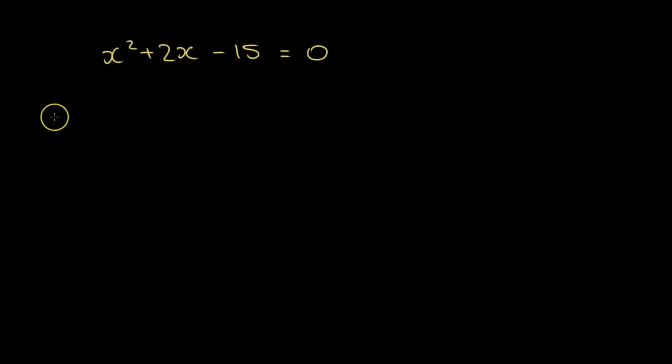We need to find two terms that multiply together to give me x squared. So what can those be? Well, x times x gives me x squared. Perfect. I've got my first term down. And then I need to find two numbers that multiply together to give me, and this is very important, minus 15.